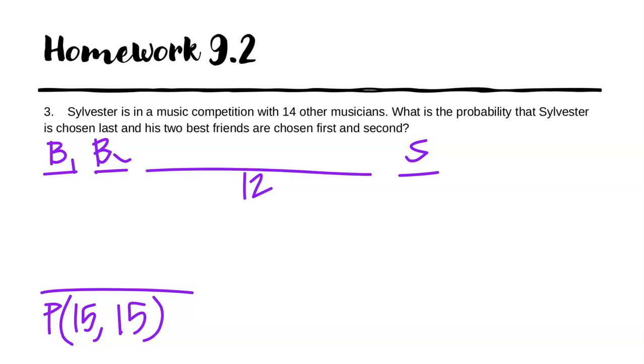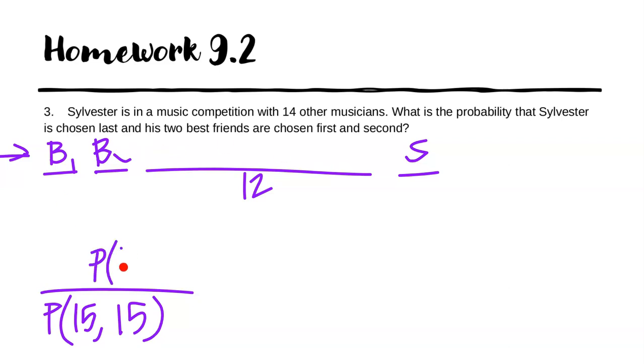So the permutation of 15, 15 would be the denominator. The numerator would be how many different ways you can arrange things and get this exact event to happen: best friend 1, best friend 2, the 12 different people being arranged, and then Sylvester. Well, it would be how many different ways can you arrange these people?